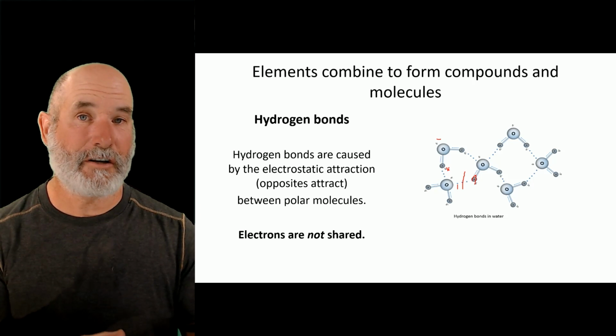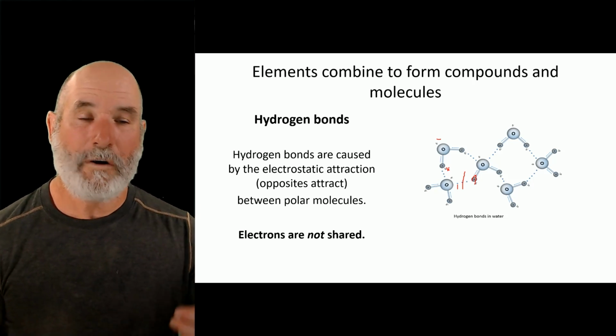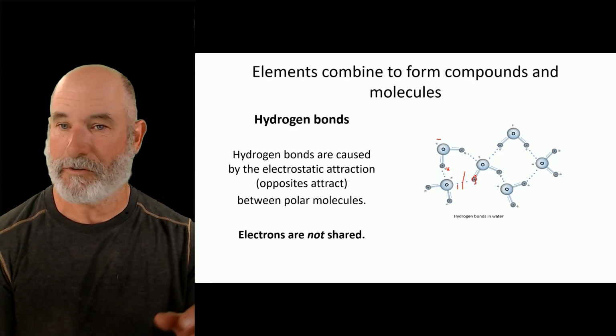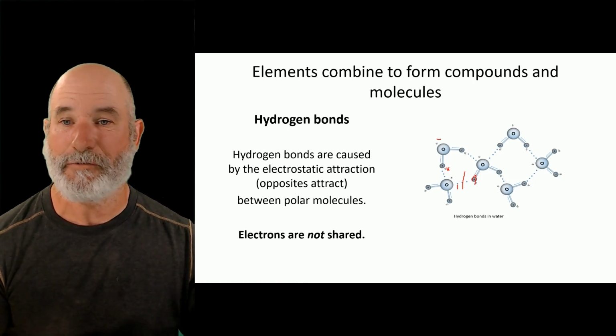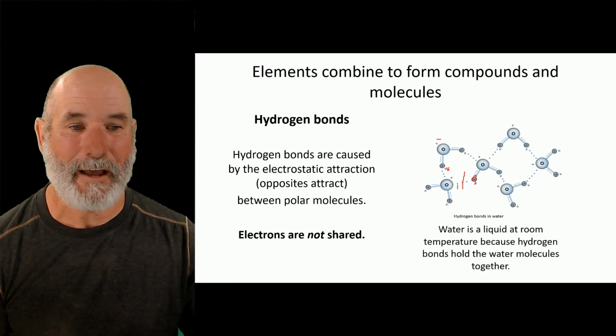You can also get intramolecular hydrogen bonding, which becomes very important for different types of complex sugars that we'll learn about, and for protein folding. Proteins have their own shape, and hydrogen bonds can be really important for that.